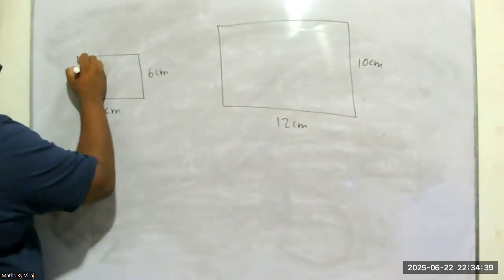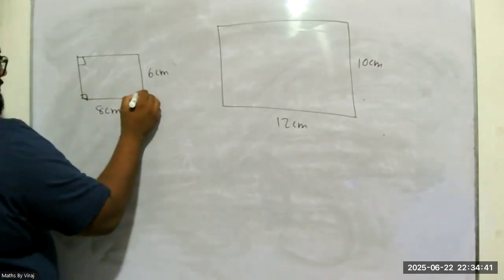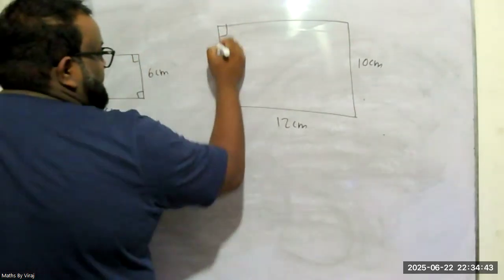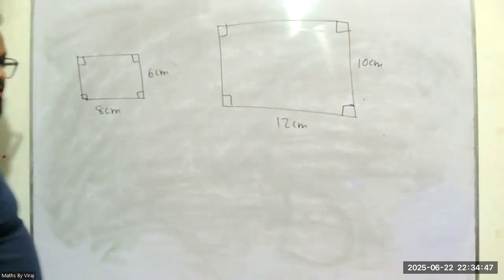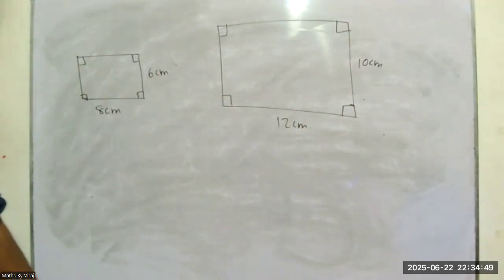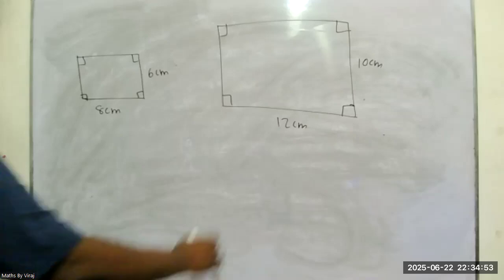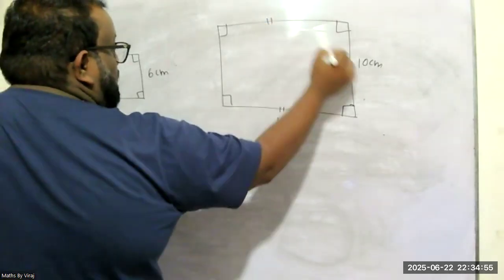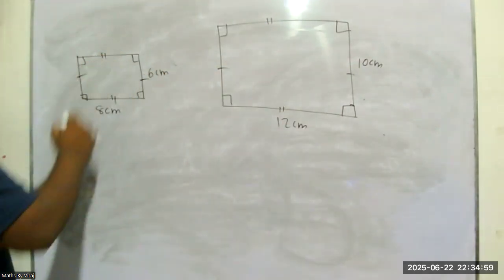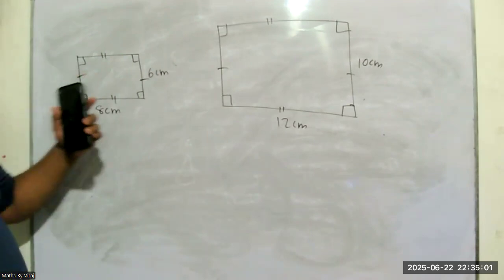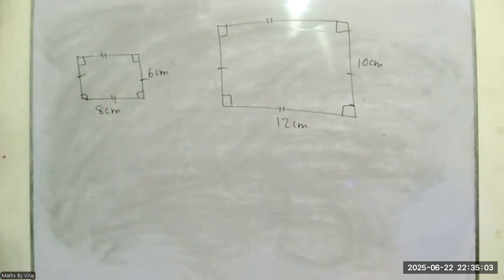As you know, one particular characteristic feature is available. That is, all the corresponding angles are equal in value. But when it comes to length, if you look at this, 8 centimeters, 8 centimeters, 6 and 6, 12 and 12, 10 and 10.